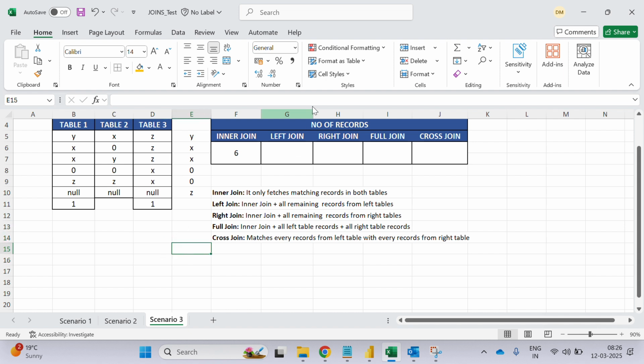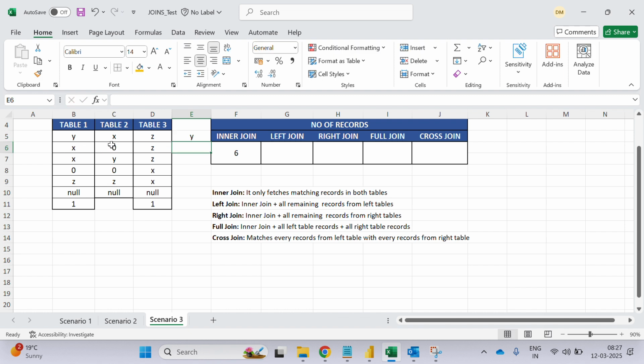Now we are going for the left join. Left join means inner join plus all remaining records from the left table. The inner join output we do from the start, so we will check from the left join only. Y is matched one time here.